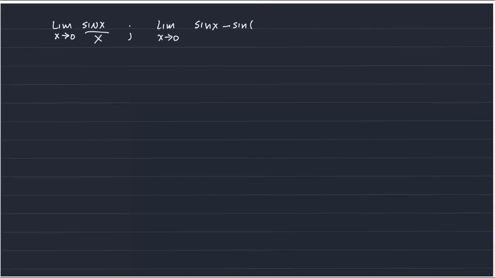Right, because we'll subtract sine of 0, which is 0, from the numerator, and we'll subtract 0 from the denominator. By doing that, we can see that that gives us the limit as delta x approaches 0 of sine of x plus delta x minus sine of x all over delta x.